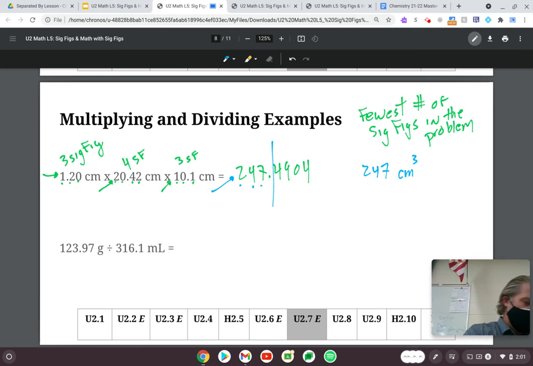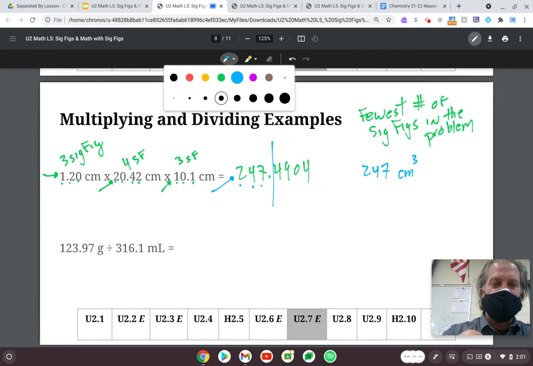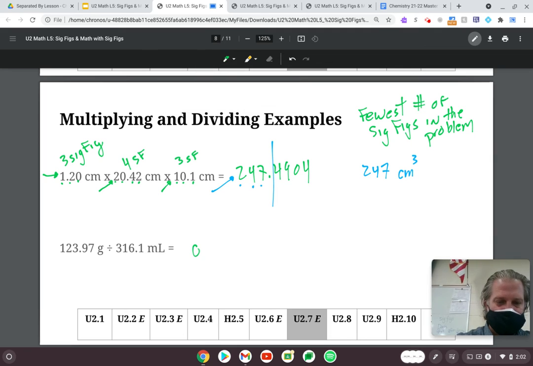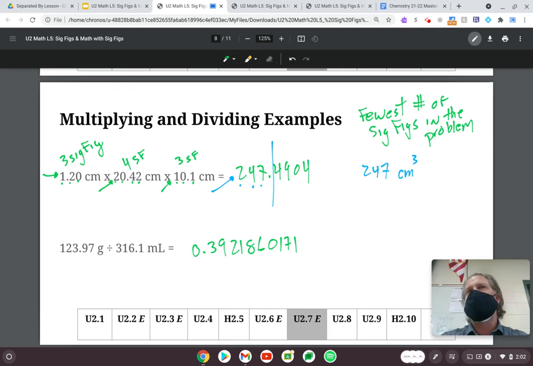Going to do the next one. 123.97 divided by 316.1. My calculator answer is 0.3921860171. How do we determine the number of significant figures that we report?